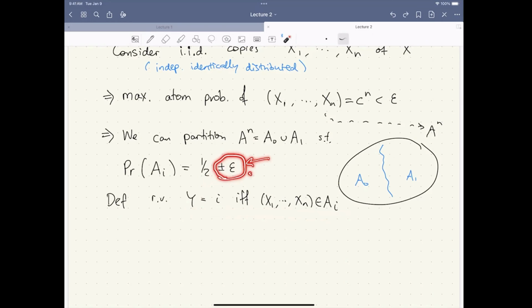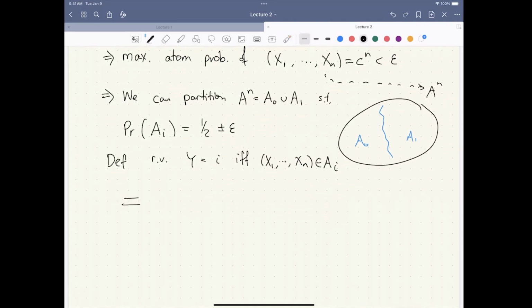But remember, there's an axiom called continuity. So it depends continuously on the atom probability. Now, that means with this plus minus epsilon, we're not going to be too far away from 1, the entropy. So by taking epsilon sufficiently small, the entropy of Y is still going to be very close to 1. In particular, the entropy of Y is going to be positive.